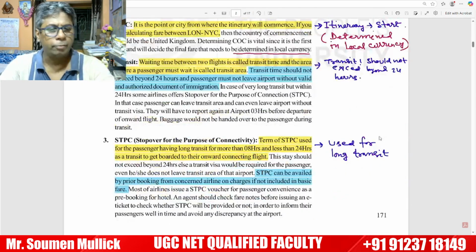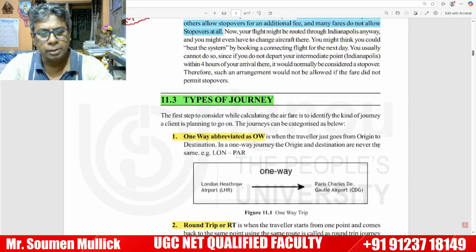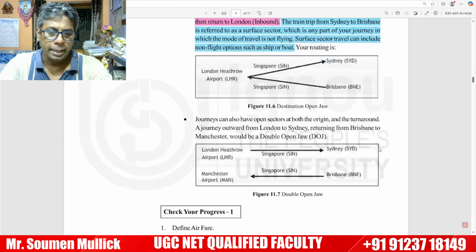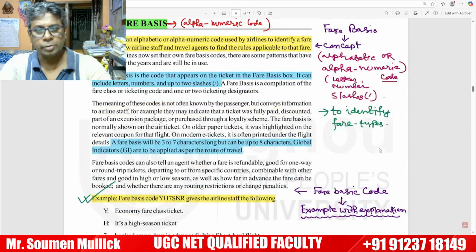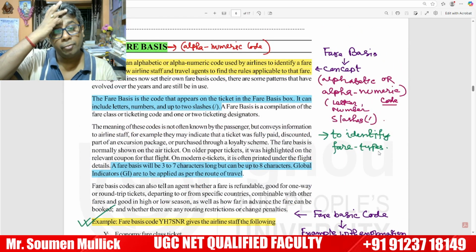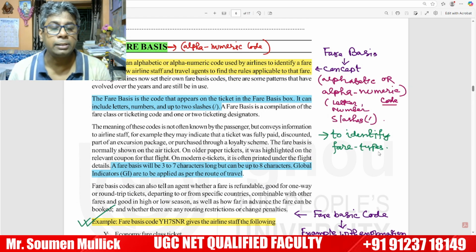Apart from airfare, we have to understand the fare basis. The next important issue is the fare basis. What is fare basis?